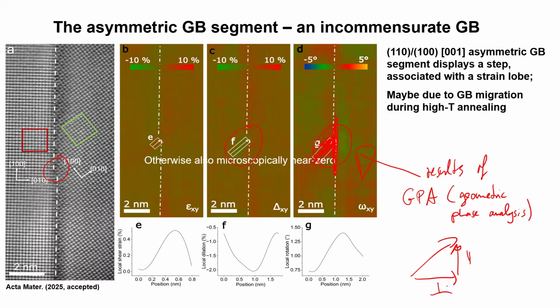And perpendicular is okay, because this is probably ineffective because there is so much material on the other side that a small strain cannot really change structure. But in parallel means the boundary itself is not in equilibrium.